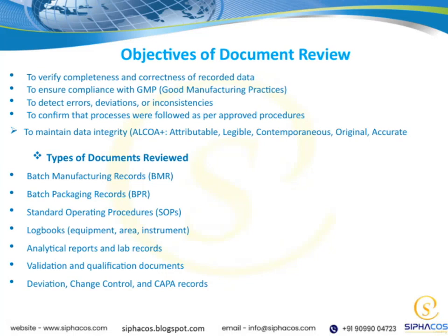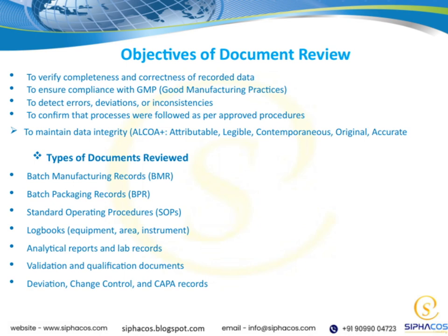Let's talk about the objectives of the document review process. The main goal is to verify that all recorded data is complete and correct. We want to make sure everything is accurate and nothing has been missed. It's also crucial to ensure that all activities comply with GMP, or good manufacturing practices, which are the standards that guarantee quality and safety. During the review, we look for errors, deviations, or any inconsistencies that might indicate issues or areas for improvement.